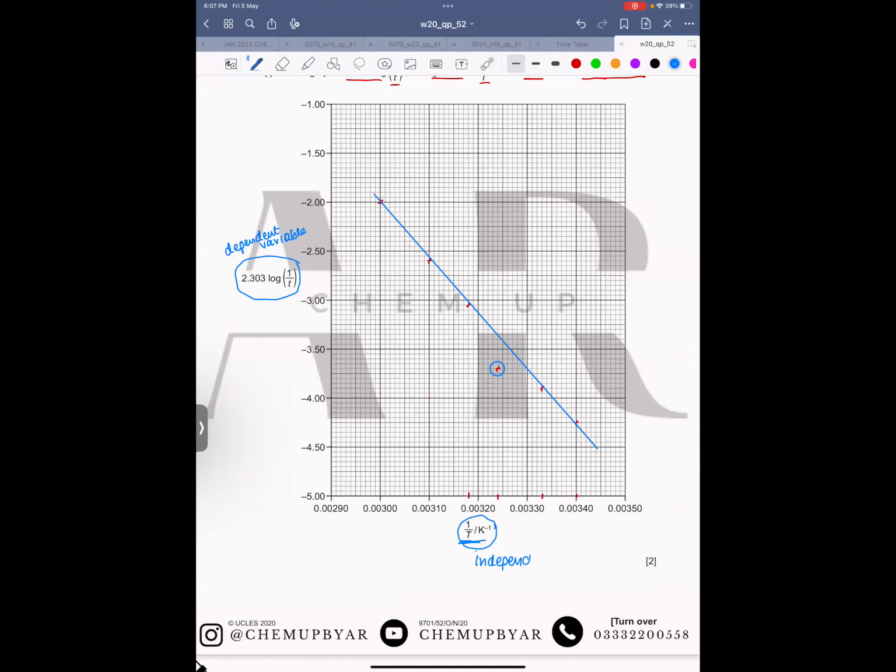So one error might be this, that if you see this value is actually lower than the line, which is indicating that the actual temperature where the reaction is performed is lower than the one which is recorded in the data. Is this understandable?